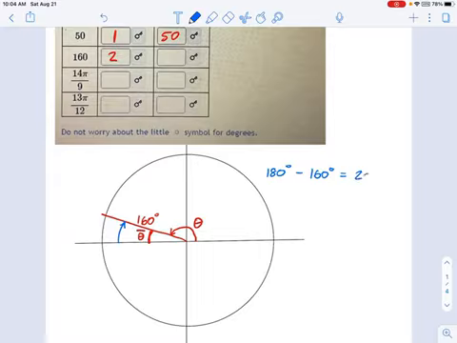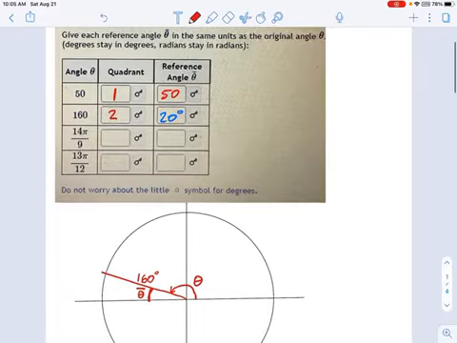So the leftover bit, that piece of the pie that I did not include in my original angle theta, is 20 degrees. And when we talk about reference angles, remember we're always going to the x-axis, not the y-axis. Some people look at some angles and sometimes go to the y-axis. We'll see an example of why that might be what you instinctively do, but it's always the x-axis.